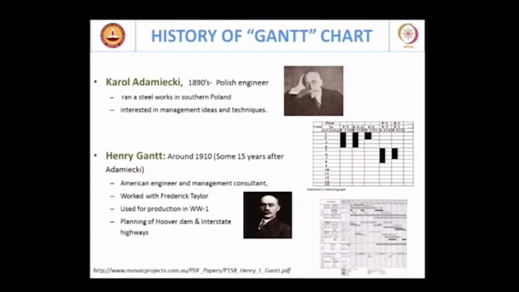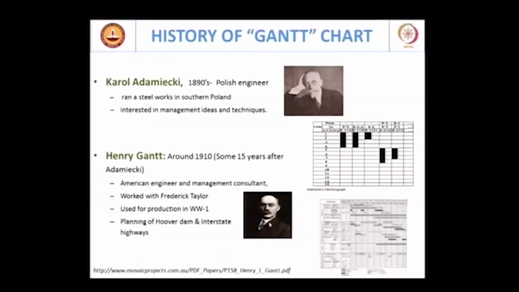Interestingly, Gantt was associated with Frederick Taylor. He had worked for some time with Taylor, went into his principles of scientific management, and at that stage it was an era when factories and production places were looking at scientific ways of doing management, and Gantt was one of these people who came out with what we know as the Gantt chart.